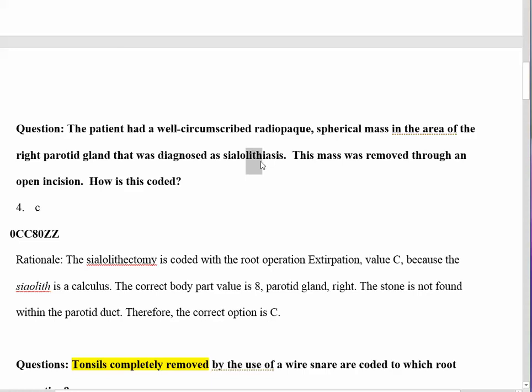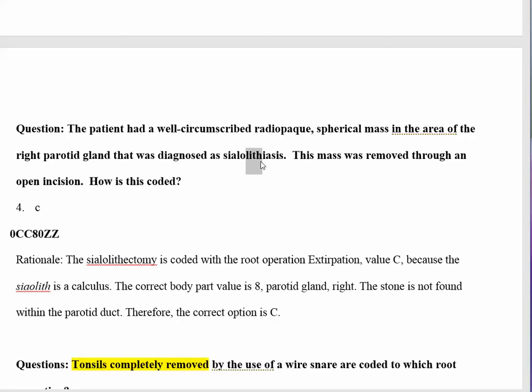If you pick up a stone on the ground, it's a hard piece of matter, in this case, biological stone. So the root operation to remove a hard piece from the body or something that's solid is extirpation.